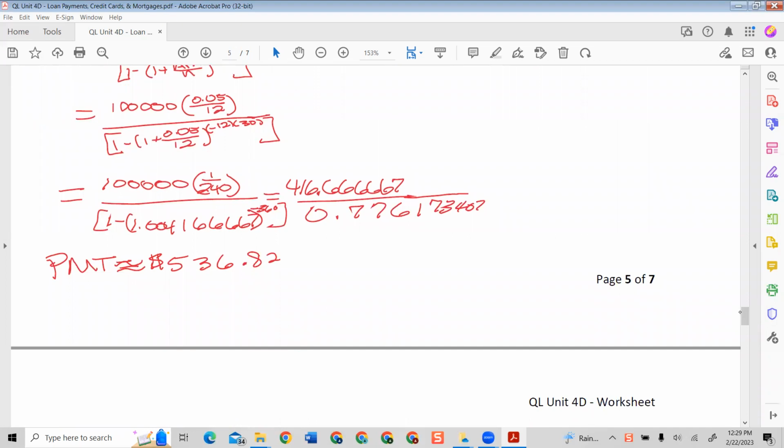So to figure out the total loan cost, we're going to take that $536.82, multiply it by 12 months, multiply it by 30 years.